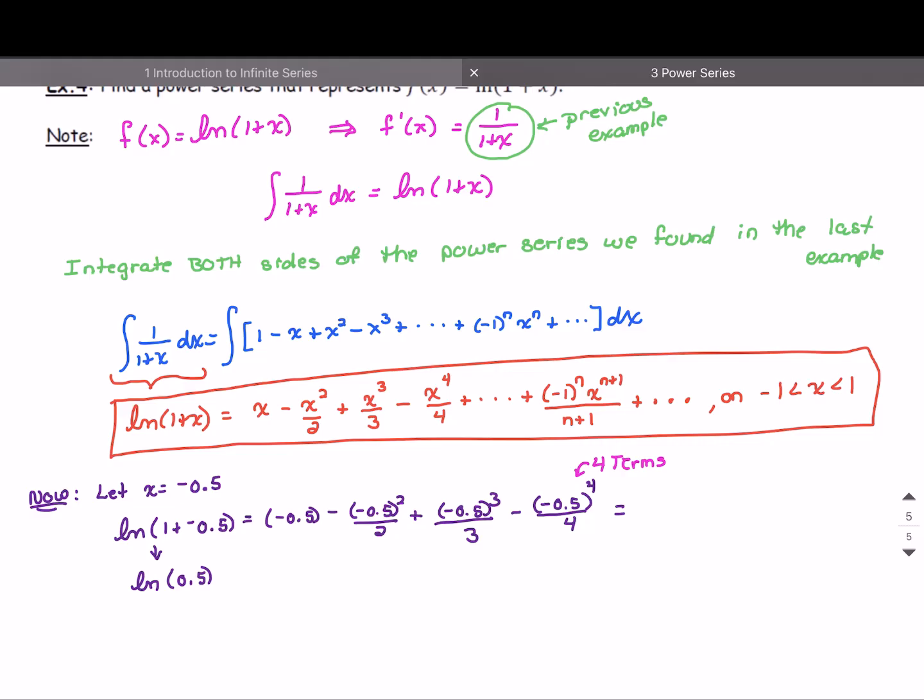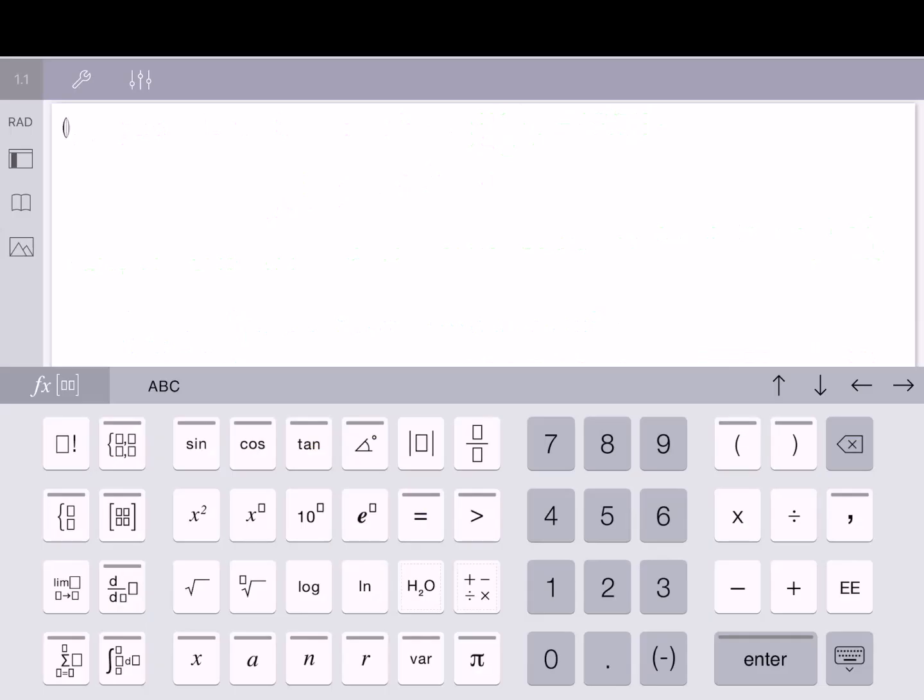Okay, so let's go see if we can grab a calculator. Okay, so we're going to put in negative 0.5 minus, then I need a fraction. Don't forget to put your parentheses around a negative number that you want to raise to a power. Out to the bottom, and we divide by 2, get out of my fraction. This time I'm plus. I need another fraction, parentheses, negative 0.5, close it.